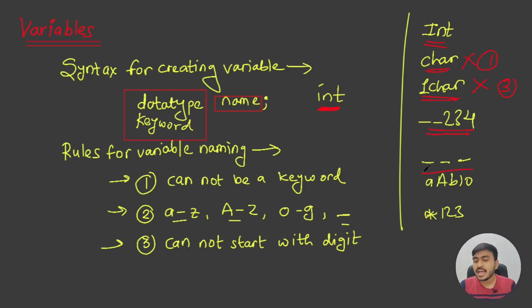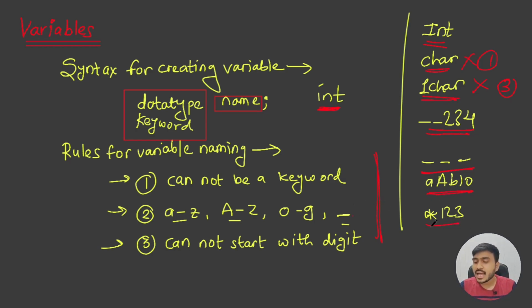Let's see whether this is a valid variable or not, which contains 3 underscores. So you can see even this is a valid variable name because it satisfies all these 3 rules. It doesn't start with digit, it is not a keyword, and it contains all the characters from this set.